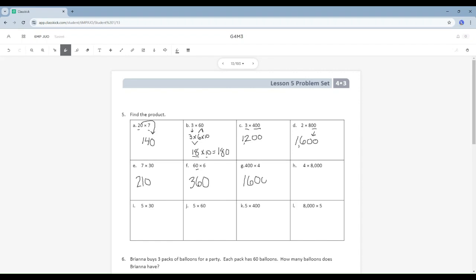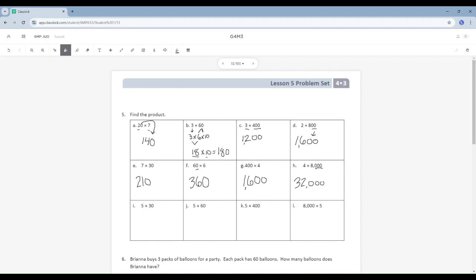So 2 zeros come along for the ride to make 1,600. 4 times 8,000, I'm going to think of this as 4 times 8, which is 32. And I'm multiplying 4 times 8 thousands, so I need to make sure I end up with 32,000.